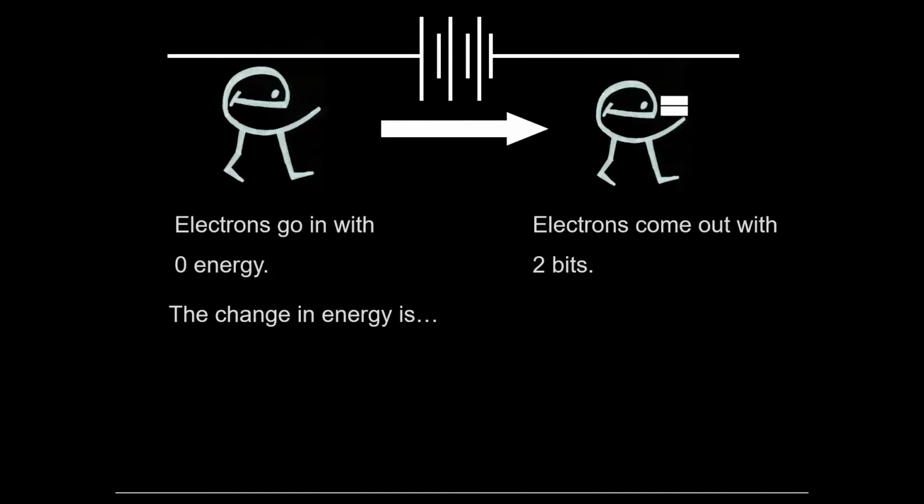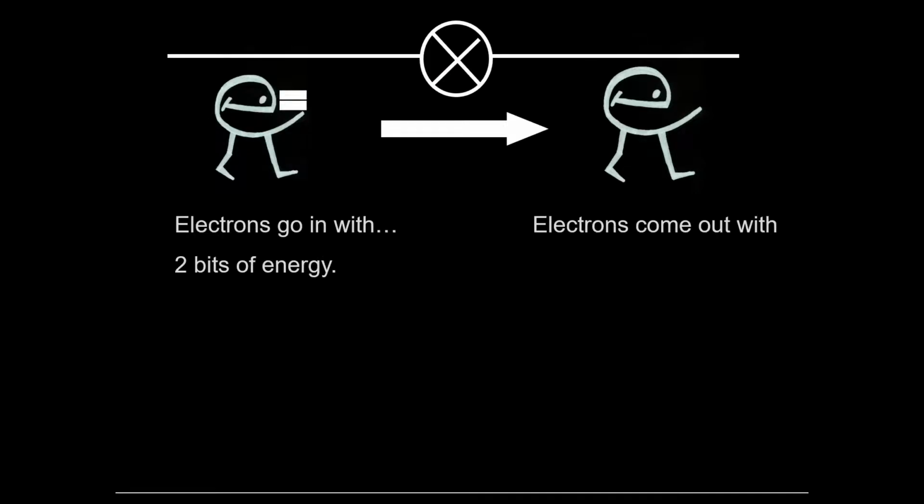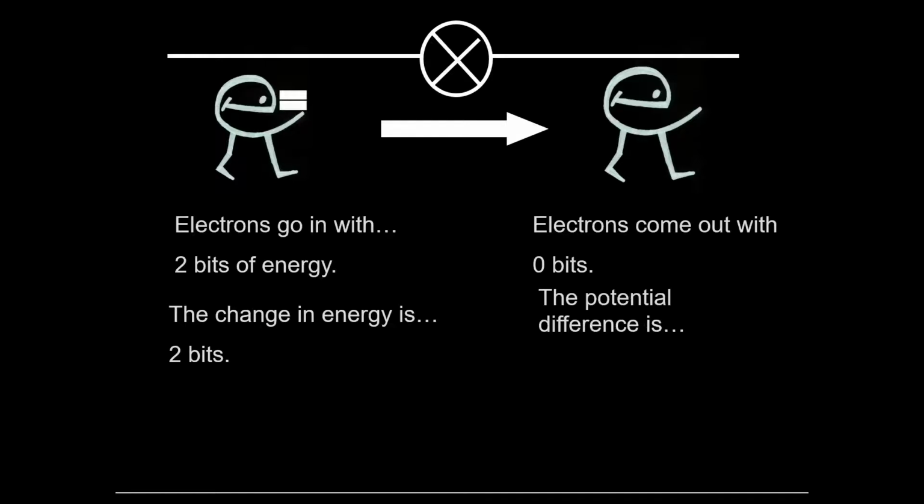So the change in energy, or the potential difference, is 2 volts. There, although they're going in with 2 and coming out with 0, we don't say minus 2 volts, we still just call it 2 volts. It's the difference. We don't tend to use negative voltages, until another lesson when I tell you we do.